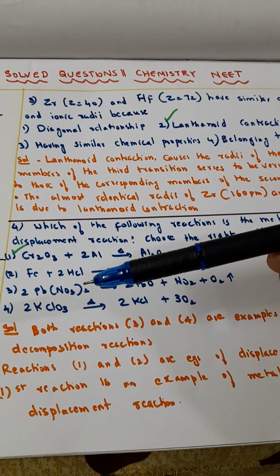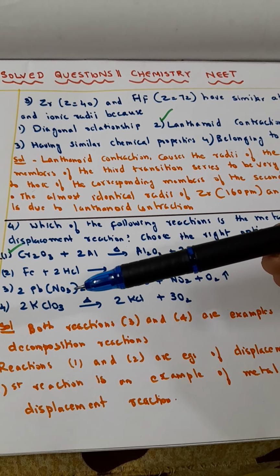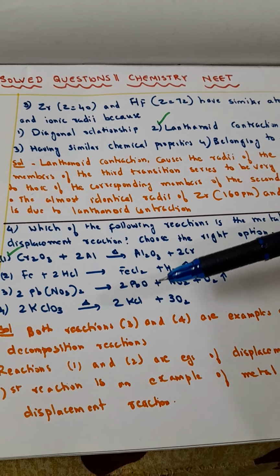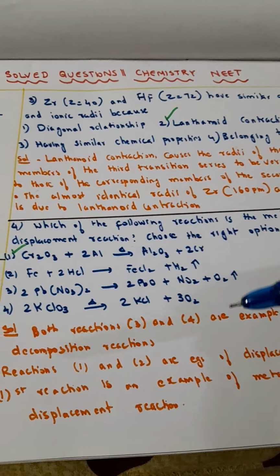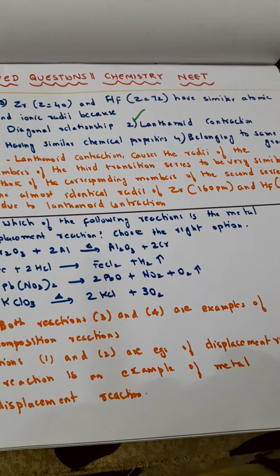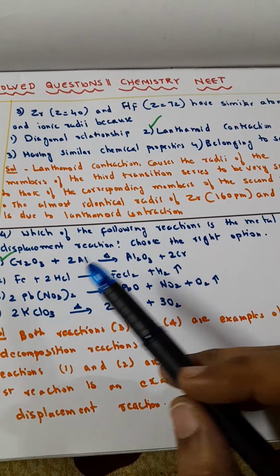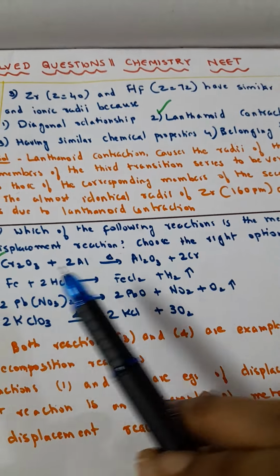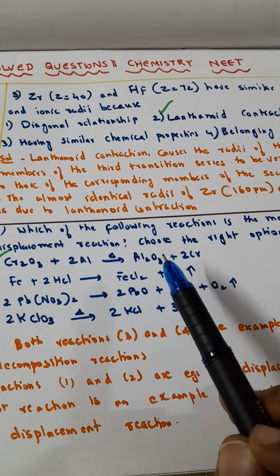What is a decomposition reaction? You might have learned that in 10th standard, class 10. See, from a single compound it breaks down into 2 or more simpler products. So 3 and 4 are decomposition reactions, and 1 and 2 are examples of displacement reaction. Displacement reaction means here chromium will go out and aluminum will combine with oxygen.